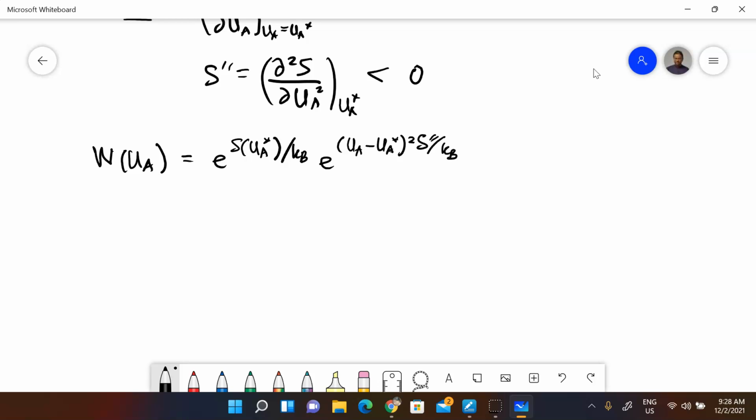So over here you can actually see the distribution of the states, because what you see here is just a constant, the particular value of the entropy divided by the Boltzmann constant. The part that varies with respect to the variable is this part of the exponential, and this is essentially a Gaussian function.